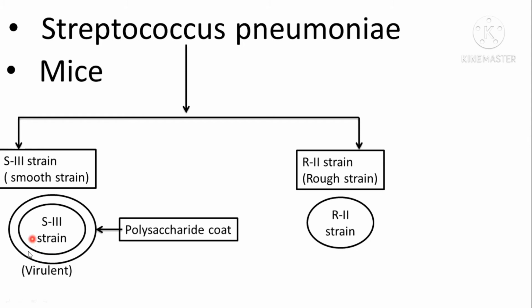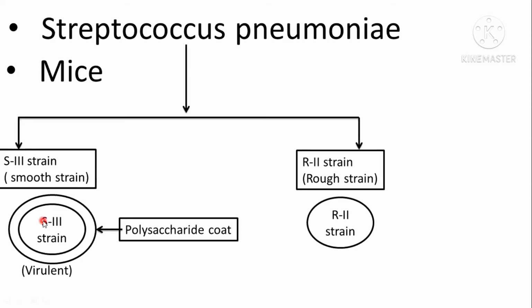That is, it's infectious. When we infect, let's say, mice with this S strain bacteria, then the mice will suffer pneumonia. And why will mice suffer pneumonia?